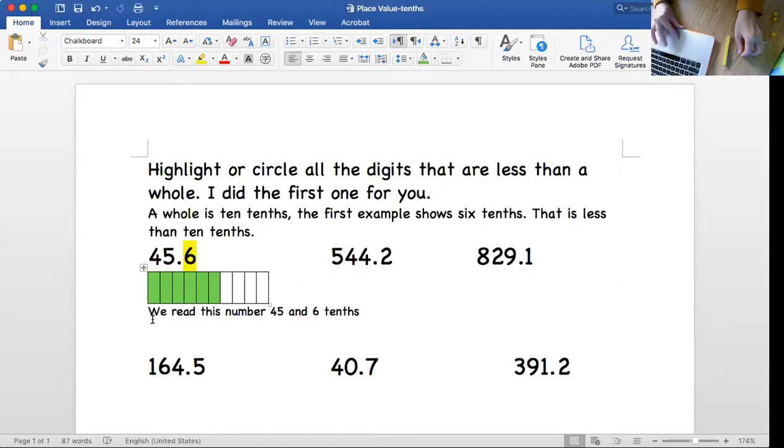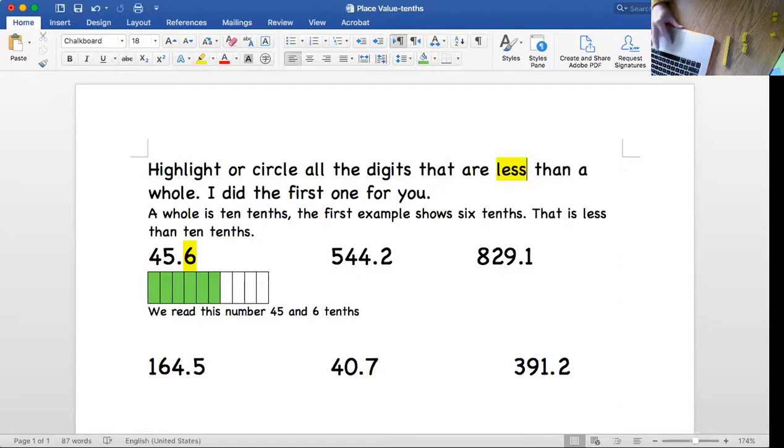So we read this number 45 and 6/10. So you're going to highlight all of the digits that are less than a whole. And then underneath that number that is less than a whole, I'm giving you a clue here, I want you to write the fraction that goes with that number.